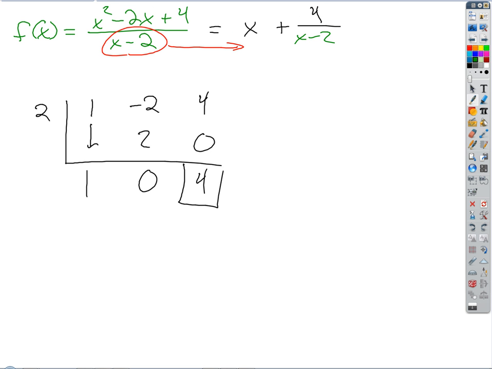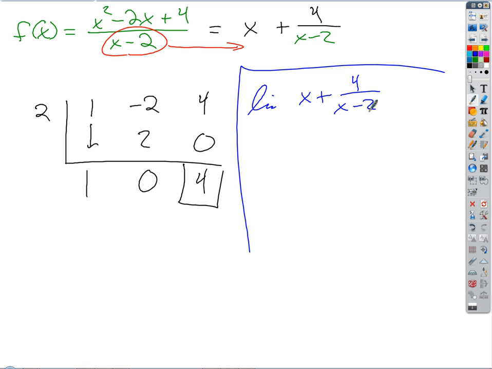It does, because now when we want to take the limit of f of x as x approaches 0, we can use this version instead of this version, which is useful. As we approach plus or minus infinity, it doesn't matter, this term right here is always going to go to 0.